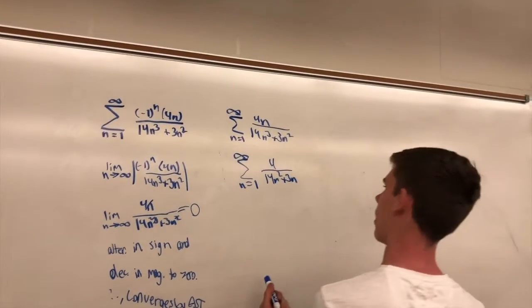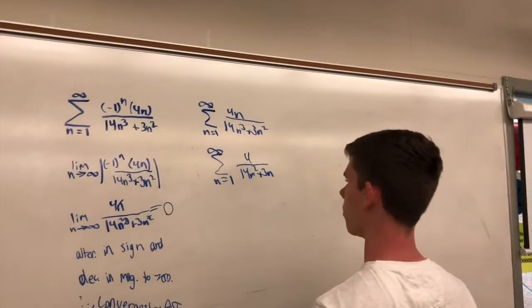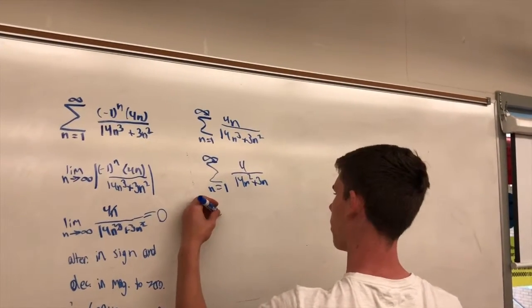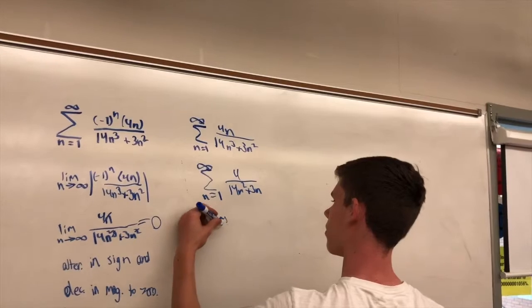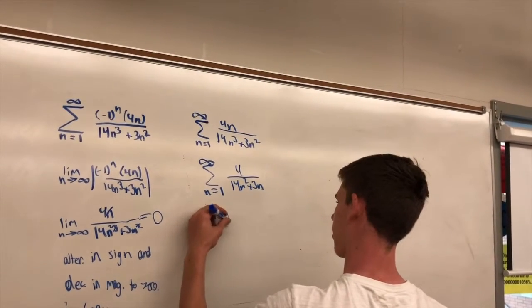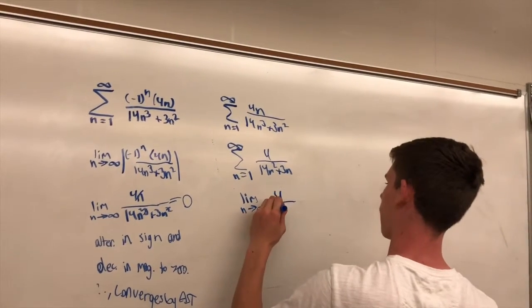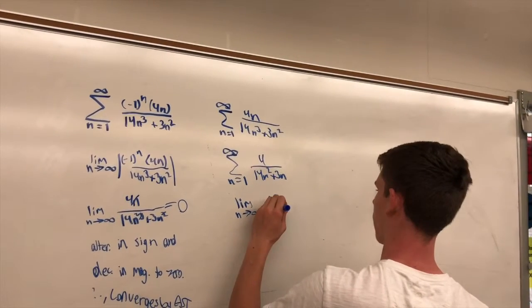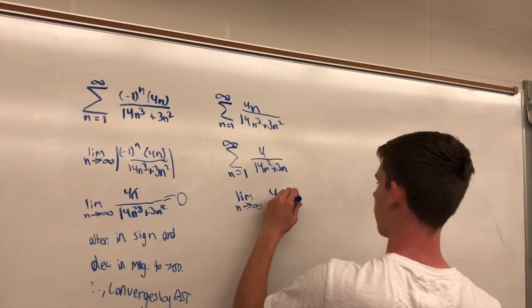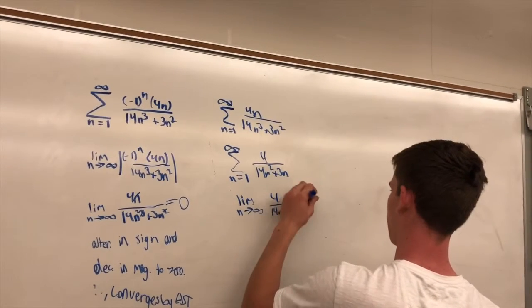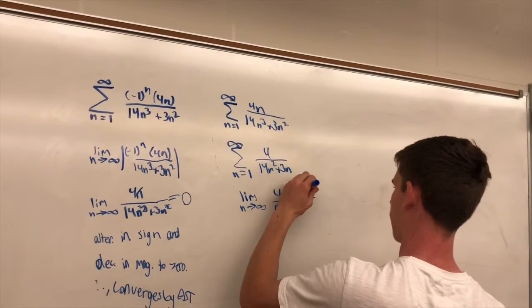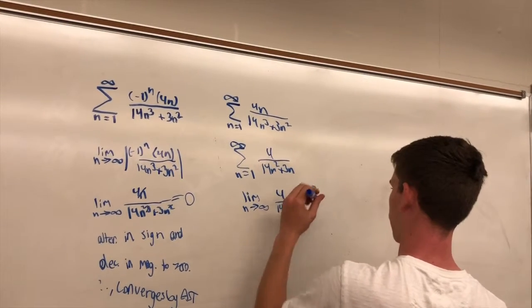Now I'm going to use the limit comparison because I think that will be the easiest way to solve it. We go to infinity again, and we have 4 over 14n squared plus 3n, and then we cancel that by using a very simple function, n squared over 1.